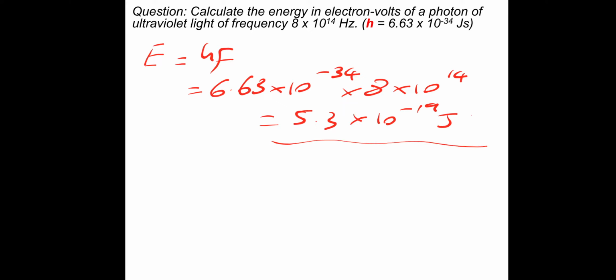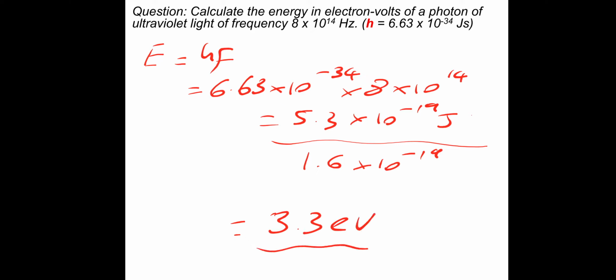The question wants us to convert that into electron volts, so we divide by 1.6 times 10 to the minus 19. That gives us an answer of 3.3 electron volts. Hopefully you got that right. Let's move on to the next one.